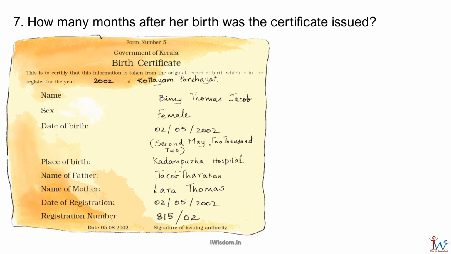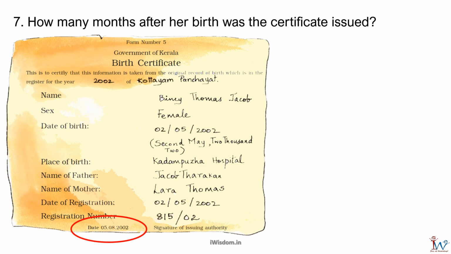How many months after her birth was the certificate issued? We notice at the end of the birth certificate, the issue date is mentioned as 05/08/2002. By counting the months we realize 08 is August.